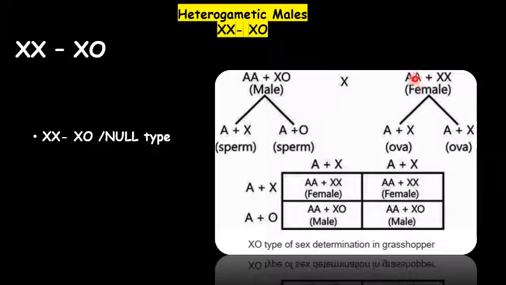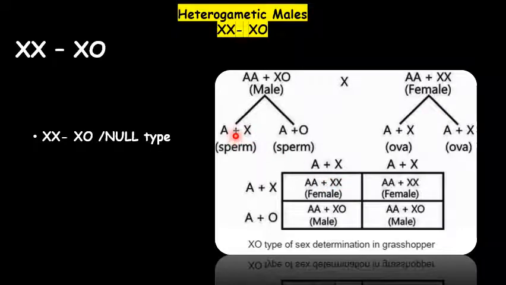Likewise, in female eggs, almost all eggs will contain an X chromosome. When we cross this, you can clearly see there is a 50 percent chance of getting males and females. When this sperm joins with this egg, you will get females, because both X will result in females, right?